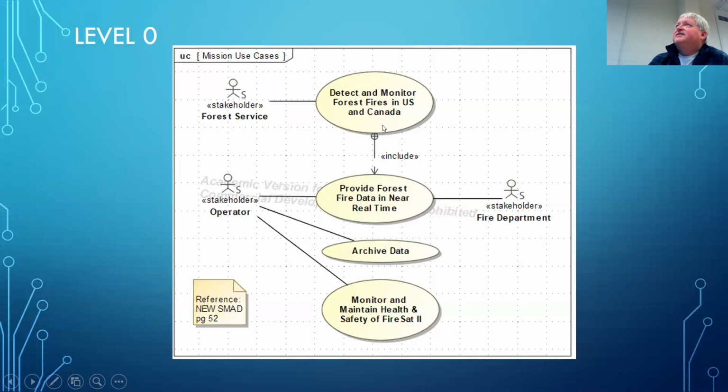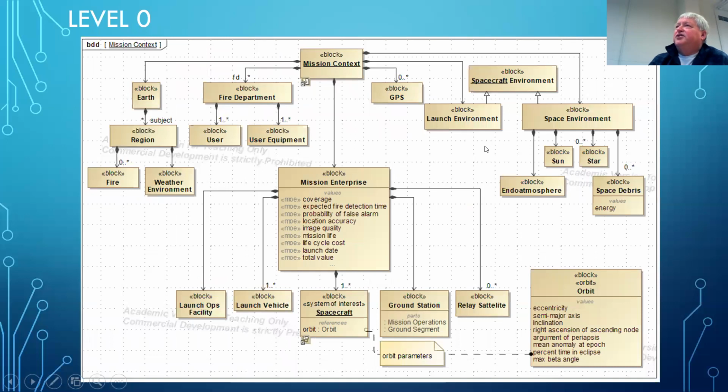Okay, so this is the kind of use case I want you guys to develop for your product. Two or three use cases and some stakeholders. Now, based on this, you can start defining in a block diagram, a BDD, your mission context.